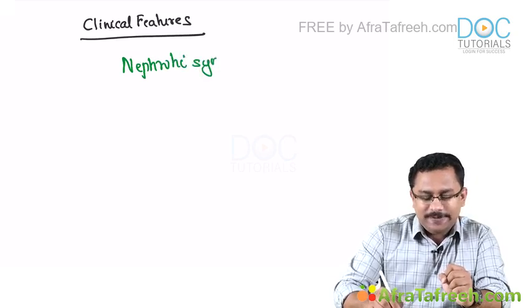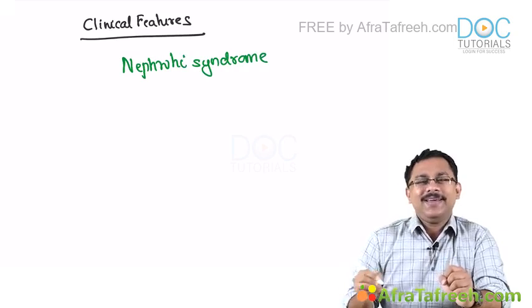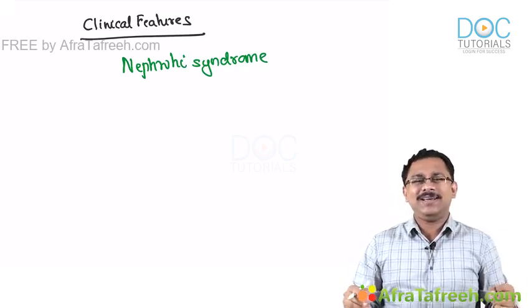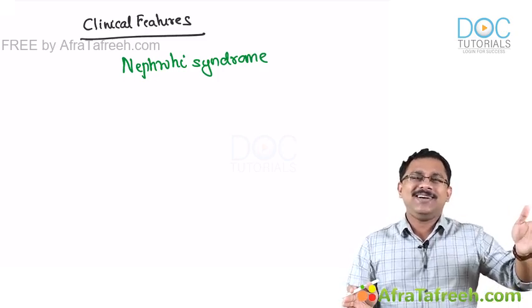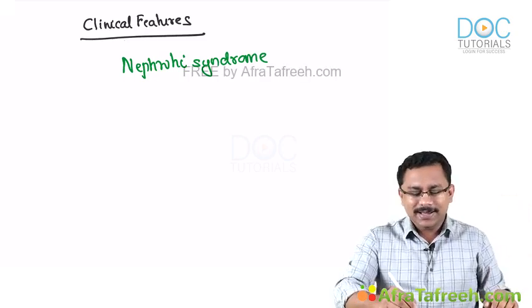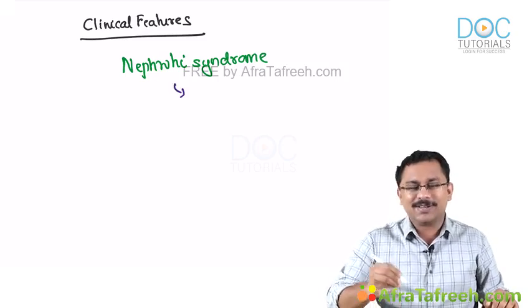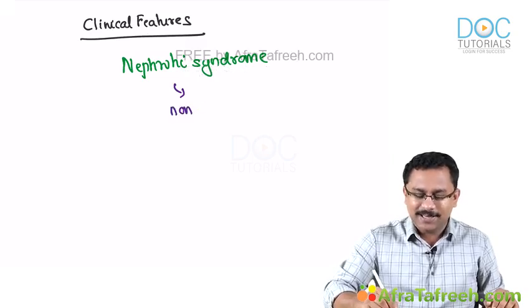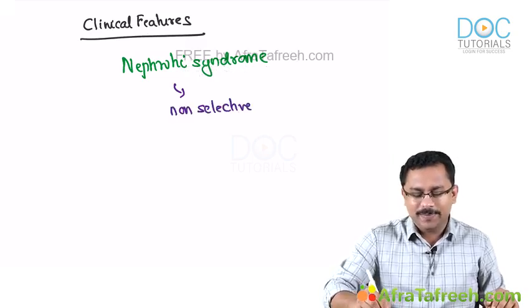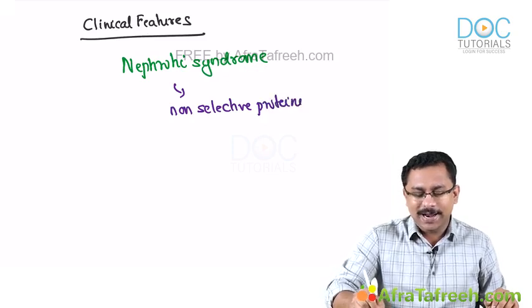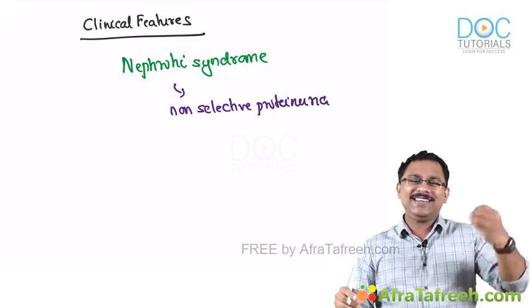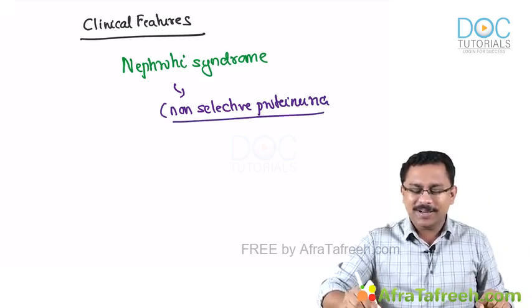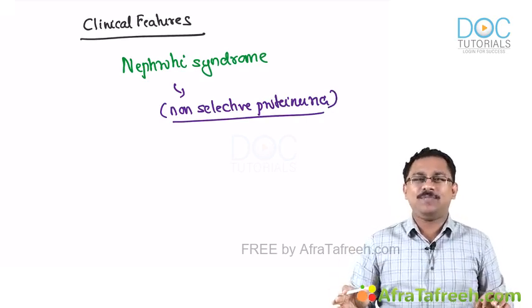The nephrotic syndrome in membranous nephropathy is quite distinct from minimal change disease in that it has a non-selective proteinuria. Remember, in minimal change disease you had a selective proteinuria, selectively albumin being excreted in the urine, but this is a nephrotic syndrome with a non-selective proteinuria.